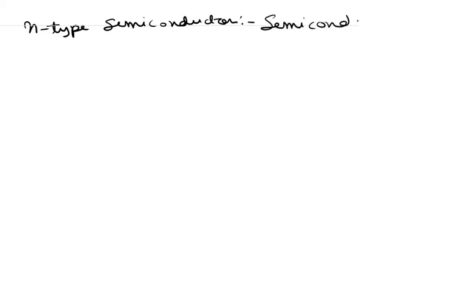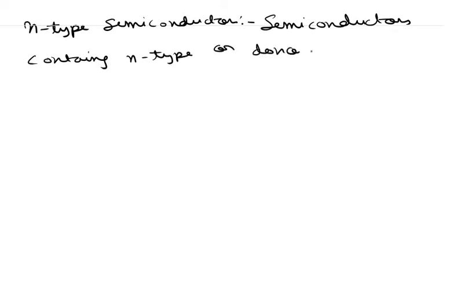The semiconductors where n-type dopants are introduced are known as n-type semiconductors, that is, semiconductors containing n-type or donor type impurities.